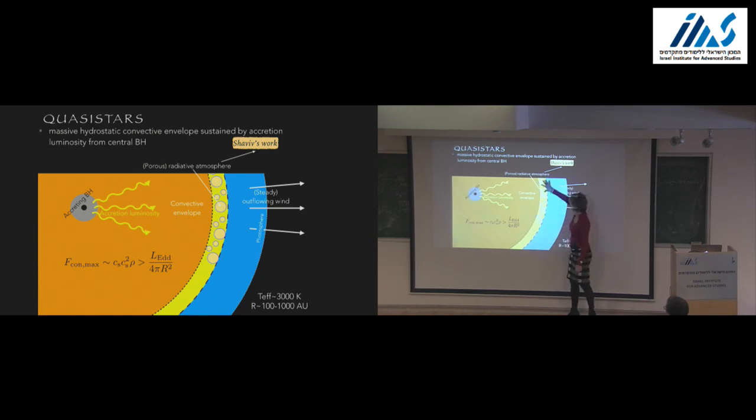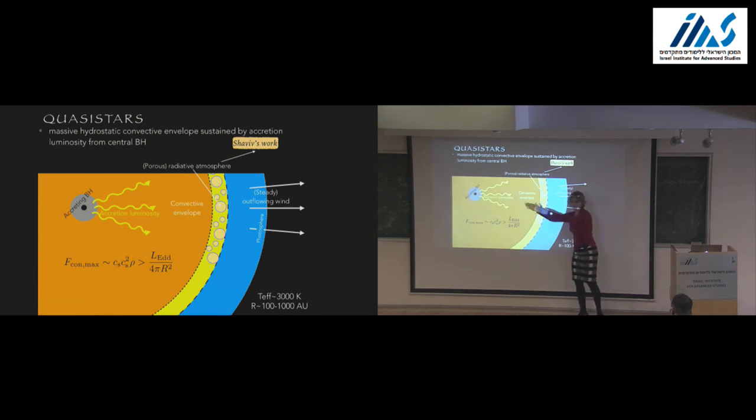This has been worked out analytically, and there are also some simulations that seem to support the presence of this porous type of atmosphere in super Eddington objects. But at some moment, this is not enough, and the super Eddington flux hits the matter and pushes it away.